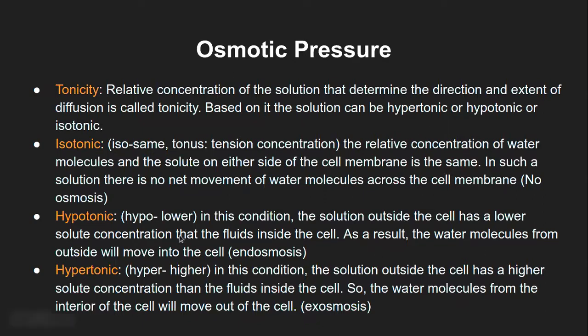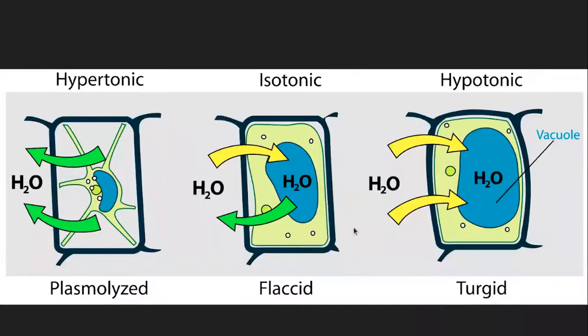Now, one more thing that I should explain is what happens when the water is moving inside, that is endosmosis, or outside, that is exosmosis, as being shown here. Now, again, imagine the outside of the cell is hypotonic.